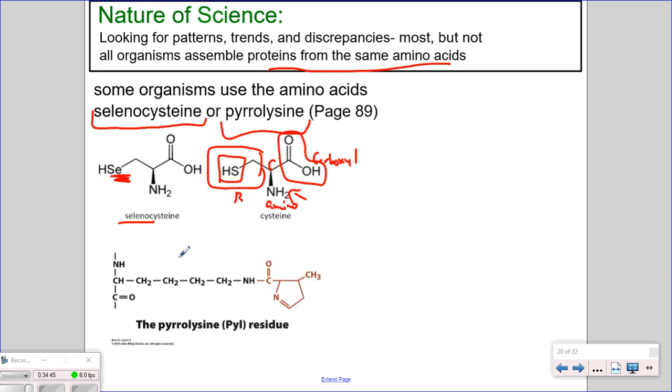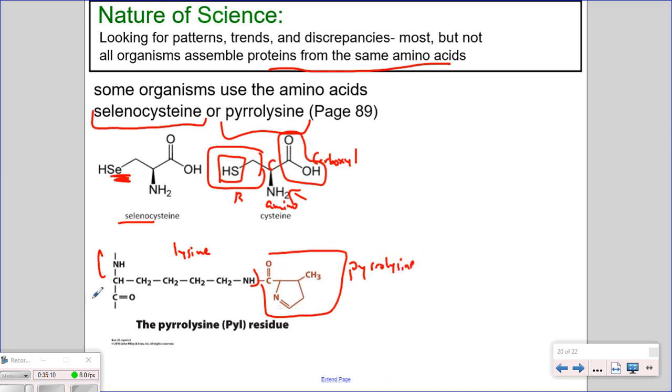And then you can have the amino acid pyrrolysine. So lysine is the common amino acid, and the atoms in black are what would make up lysine. And then pyrrolysine has this additional group attached onto it, which makes it pyrrolysine.